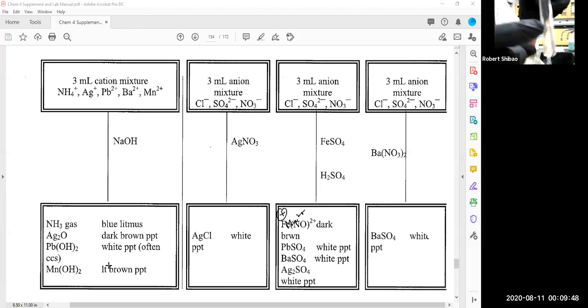Let's mix it by tapping it like this. It doesn't look like I have any precipitate, so let me add 1 more squirt of barium nitrate. Maybe it wasn't enough. Okay, and then tap it again. There's no precipitate there.